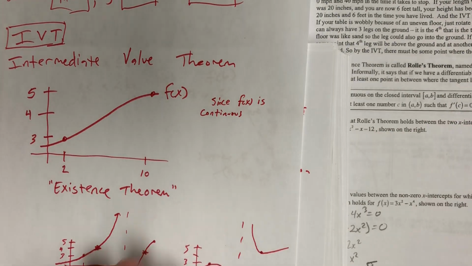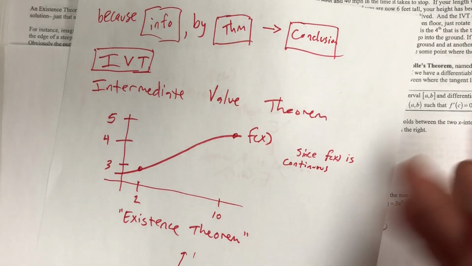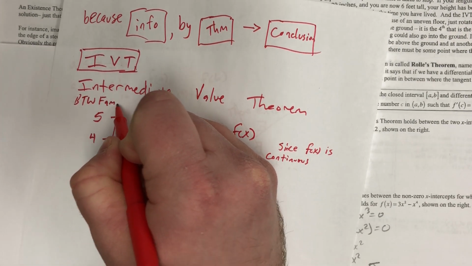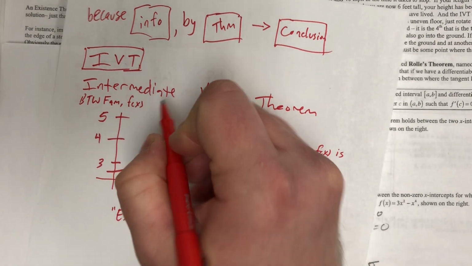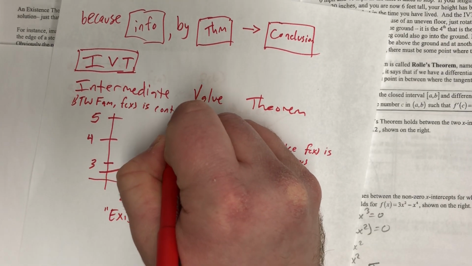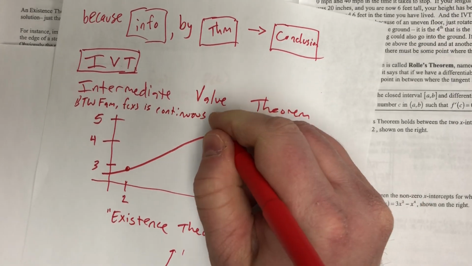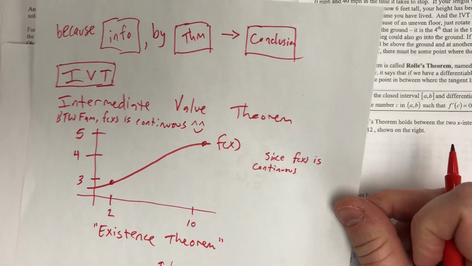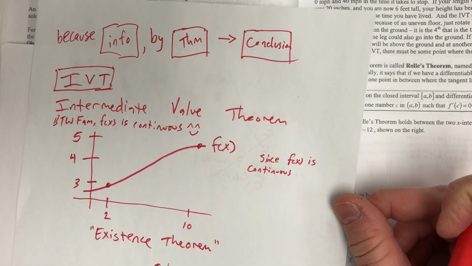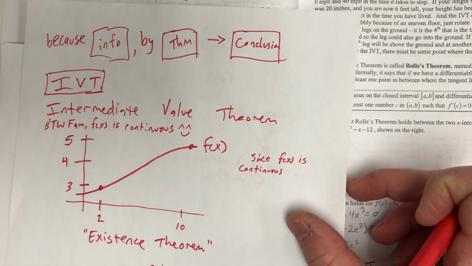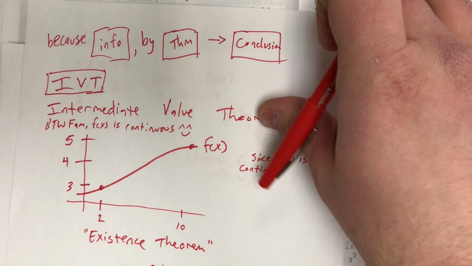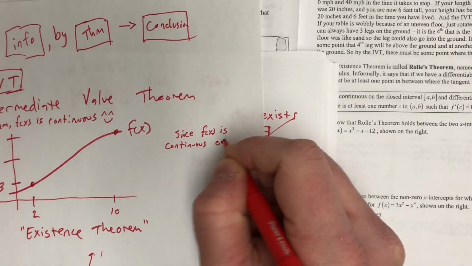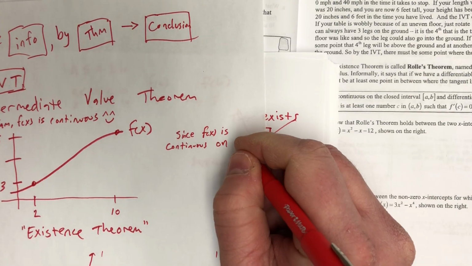With a problem like this, if they didn't give you the function, they'd let you know that f of x is continuous, or it's going to be a polynomial, or something where we can show this is continuous. So since f of x is continuous, and I only care that it's continuous on 2 to 10.